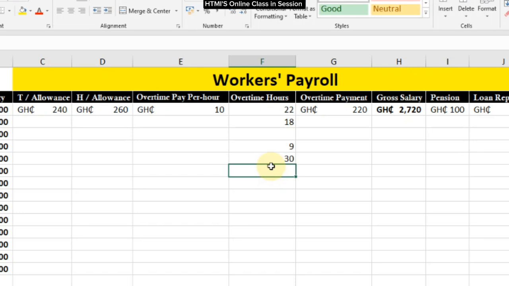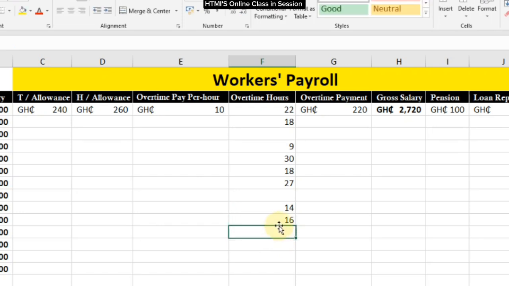The next worker did 18 hours of overtime. The other worker did 27 hours of overtime. The other one did not do any overtime. We can either put 0 or leave it blank. Another worker did 14 hours. The other worker did 16 hours.